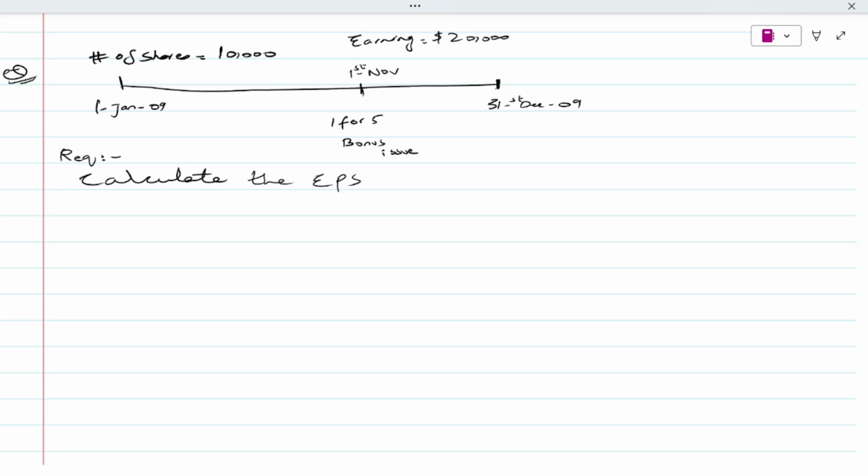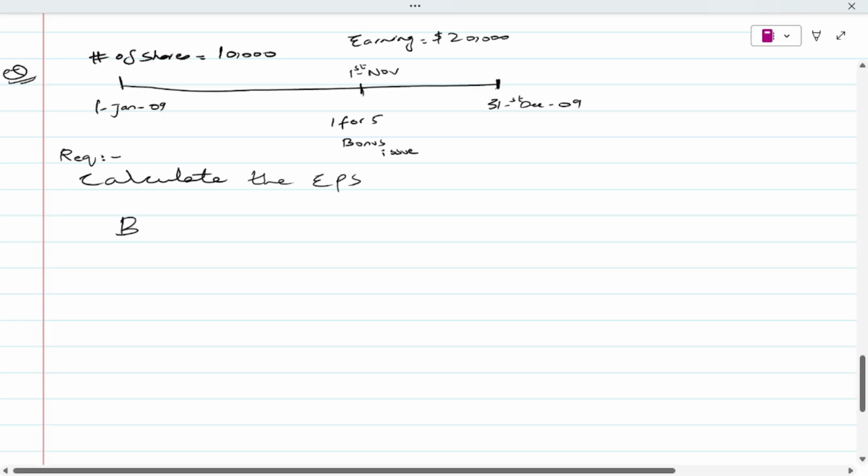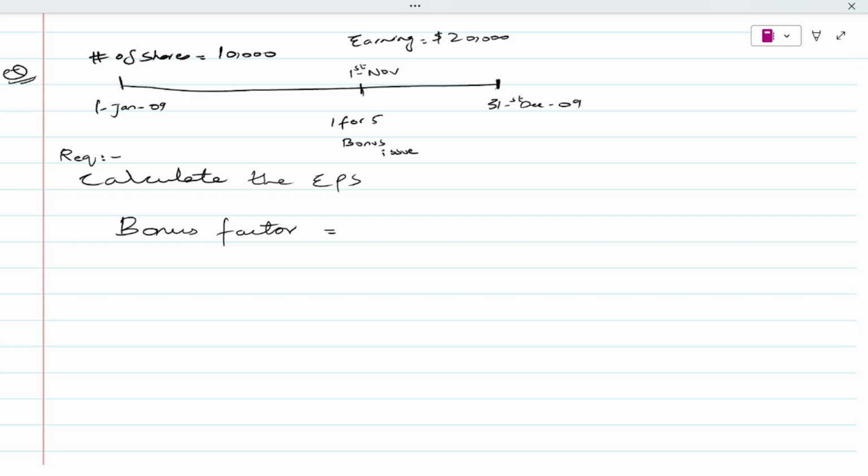But one thing, remember that you need to learn how to calculate something called the bonus factor, because without learning how to calculate bonus factor, you cannot solve these questions. Now, what is a bonus factor? Remember that the way to calculate bonus factor, there's a way, right? And you guys have to just learn that way.